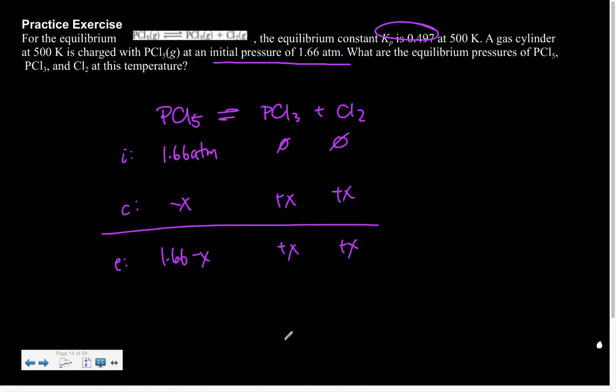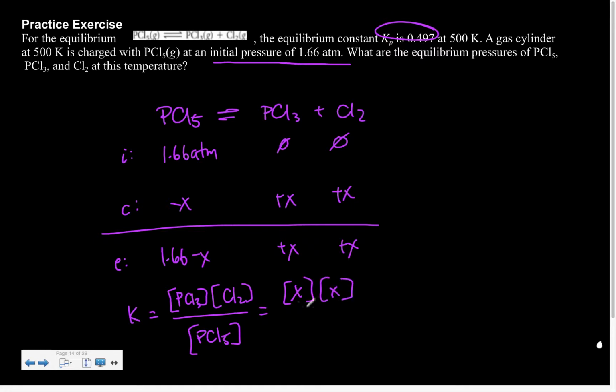Now, if I think about my K expression, I know that K is equal to PCl3 times Cl2 over PCl5. And currently, based on what I know, that's going to be x times x over 1.66 minus x. And all of that's going to be equal to my K value that I already know, right?